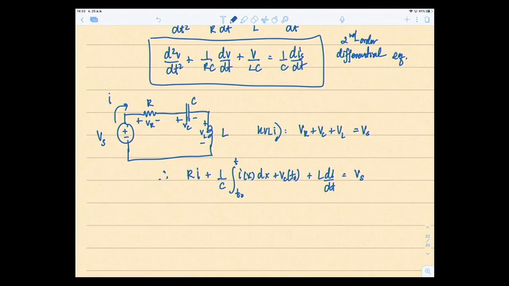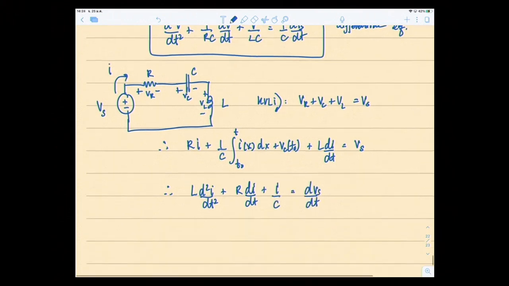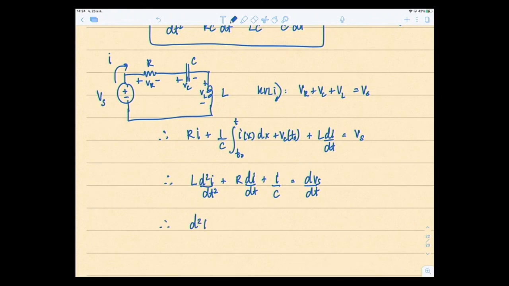So when you do the same thing, differentiate with respect to time across the equation and rearrange it, you will get L d²i/dt² plus R di/dt plus I over C equal to dVs/dt, or d²i/dt² plus R over L di/dt plus I over LC equal to 1 over L dVs/dt.